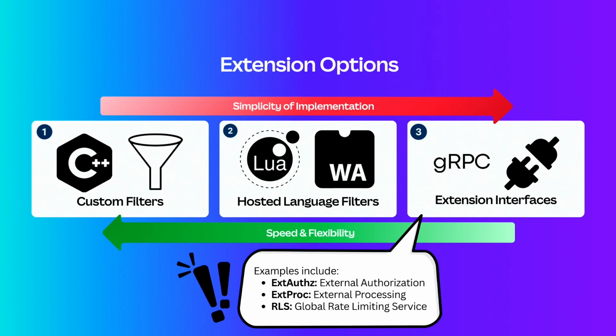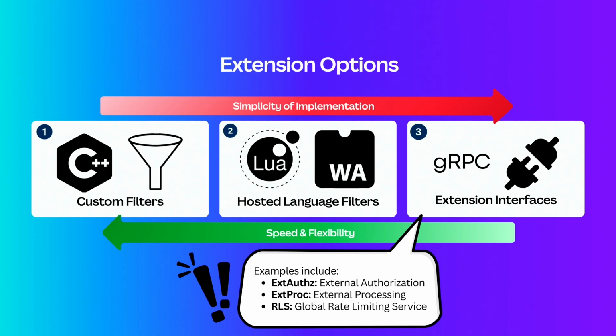The examples I can quote immediately are XLC, which is external authorization, XProc, which is external processing, which is kind of like a catch-all, so you could technically do any kind of processing there that you want, and RLS, which is the global rate limiting service. Those are tied to specific problems.